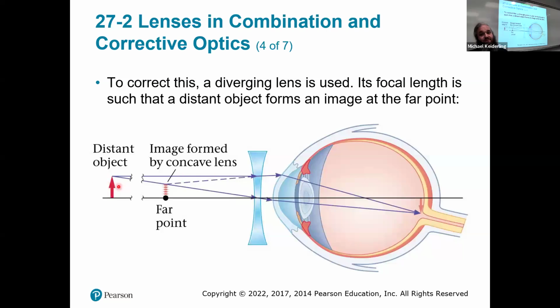So if you had something at sort of infinite distance, this would form an image at the far point. And I think that for a very distant object, that makes the focal length be around where your far point is.